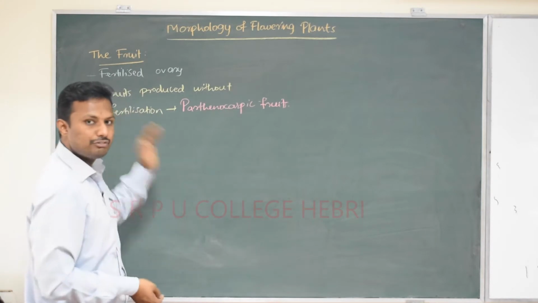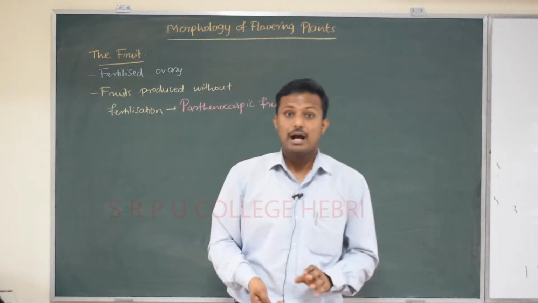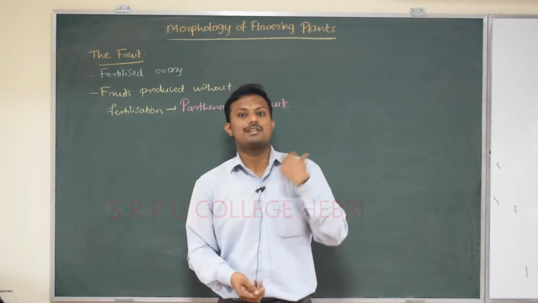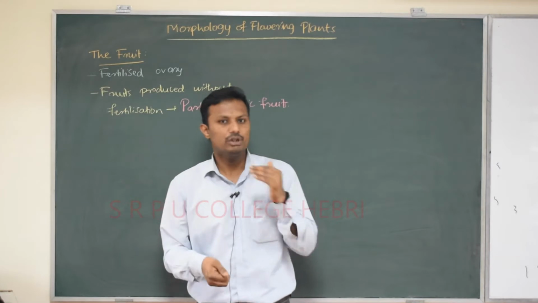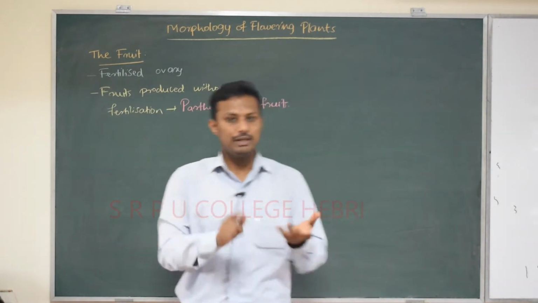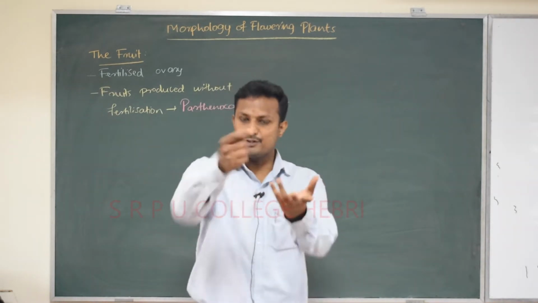Remember this: the fruits produced without fertilization are called parthenocarpic fruits, and that is why we usually do not see the production of seeds within such fruits. Have you heard of seedless grapes? If you go to the market, you will easily find seedless grapes, seedless papaya, seedless bananas.